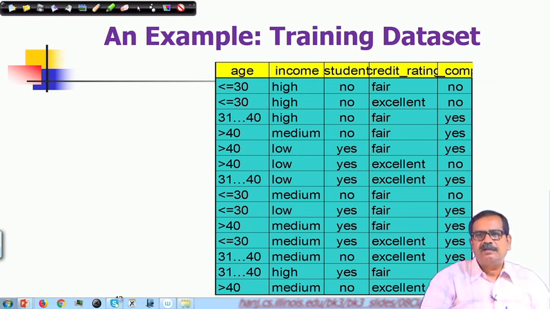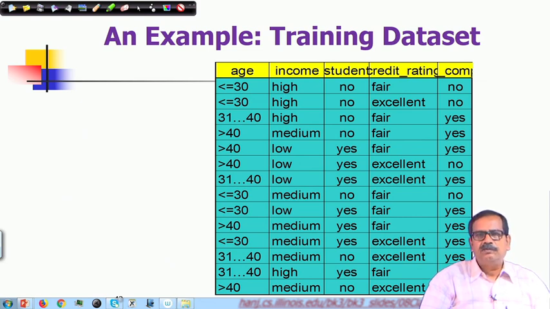The person's age has been shown here, then the income, whether the person is a student, and what the credit rating is, and whether with that background that person has bought a computer or not.